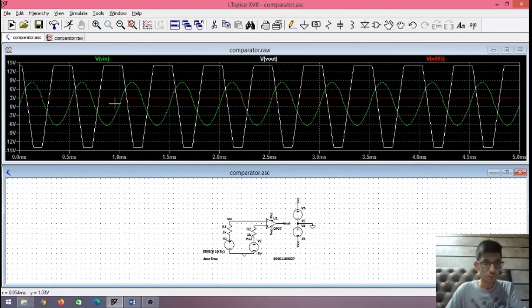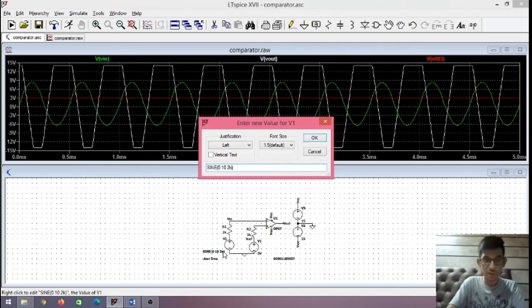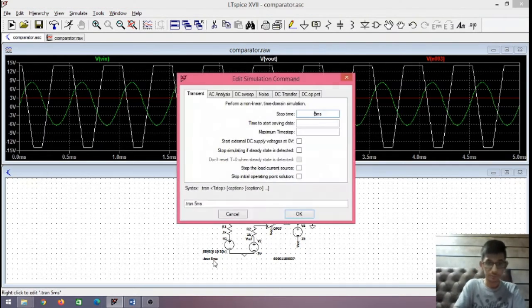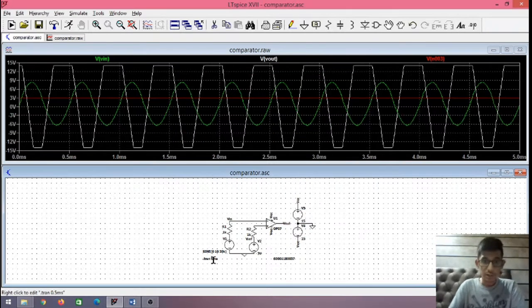So for 2k we see that there is more distortion and the slope goes on increasing. This is because there is less time for it to switch, and in that time the slew rate is not enough for it to switch from positive to negative Vsat. Now let's check for a greater frequency like 20k. The output will be more distorted.